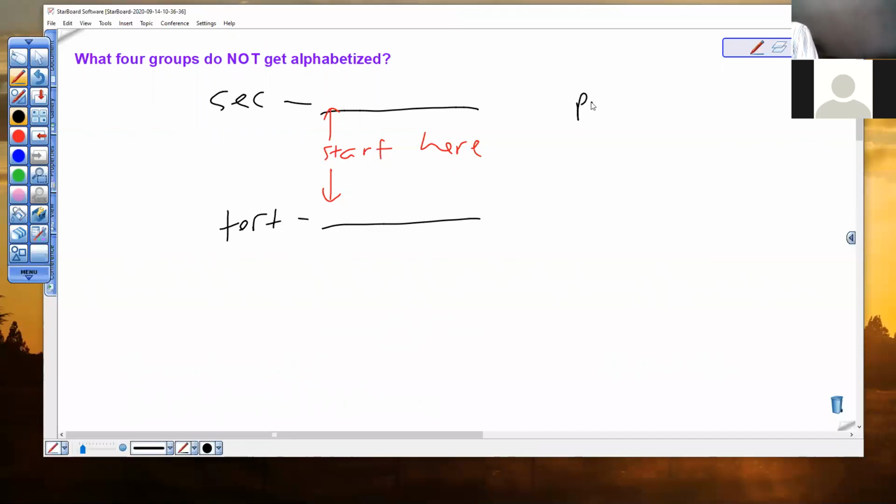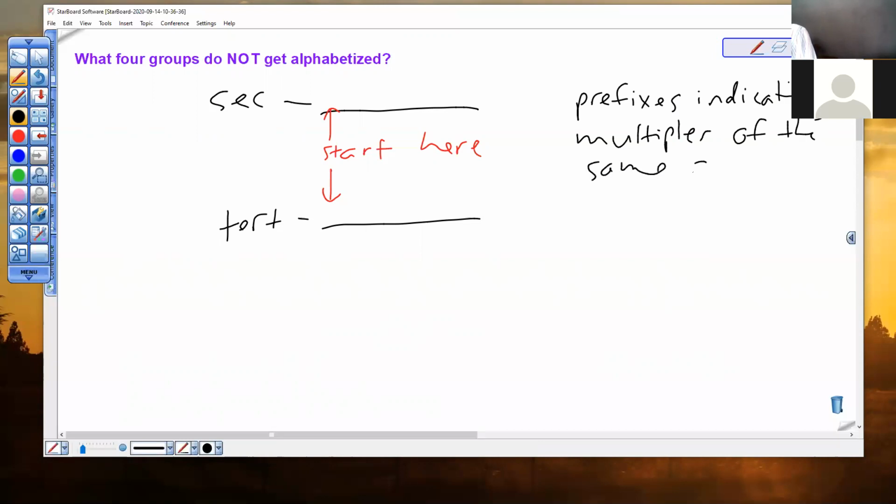Prefixes indicating multiple of the same group.